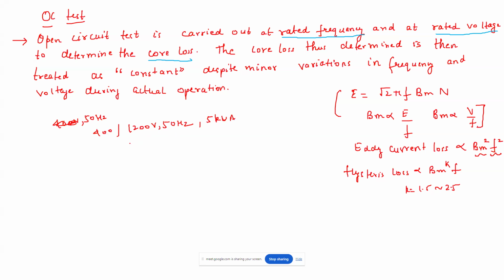Operating at rated conditions means you apply 400 volts at the input and get 1200 volts at the output, so you are operating the primary and secondary windings at their full voltage capacity. If you do that, what will be the hysteresis and eddy current loss, or core loss?